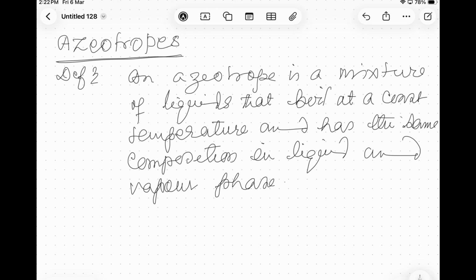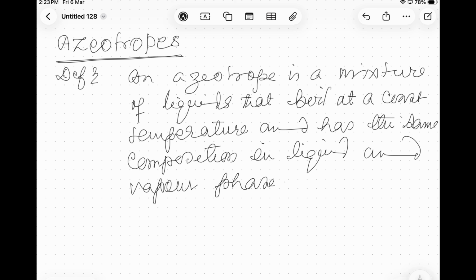It means the definition may also be written like this: a mixture of two liquids that boil at a particular temperature and has the same composition in liquid and in vapor state is known as azeotrope.